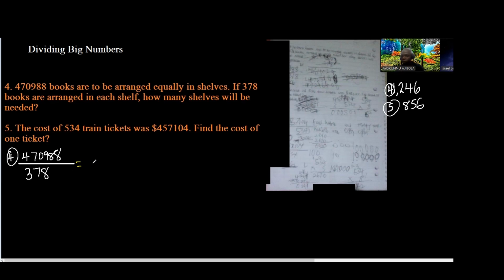So because they're even numbers, I can try to divide by 2 first. 2 in 4 is 2, 2 in 7 is 3. Remember 1, 2 in 10 is 5.